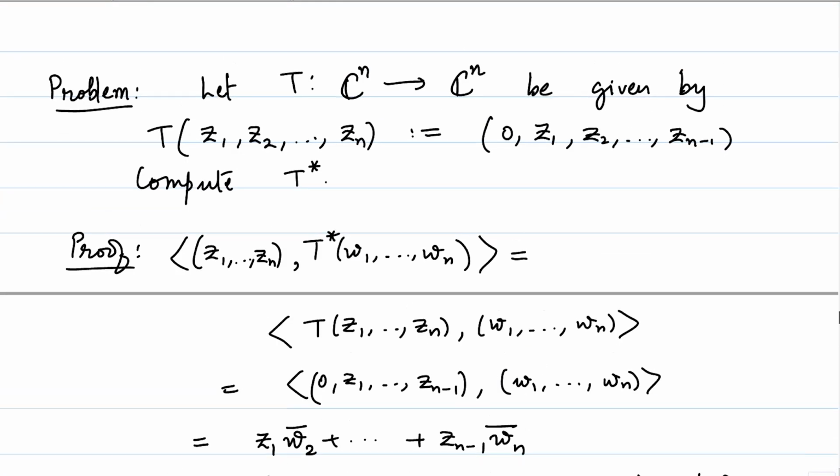The other way is to compute the matrix of T. So let beta be the standard basis of Cn. The standard basis, if you recall, is E1, E2 up to En, where Ei has 1 in the ith position and 0 elsewhere.